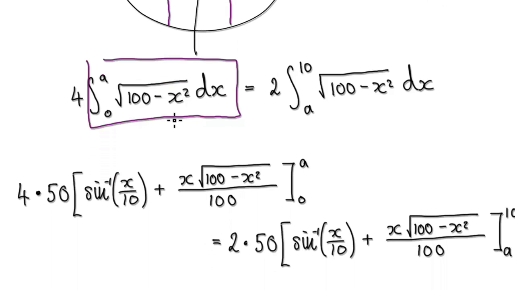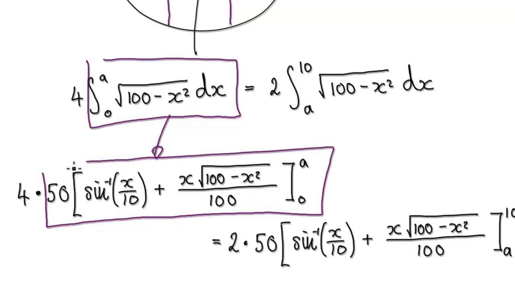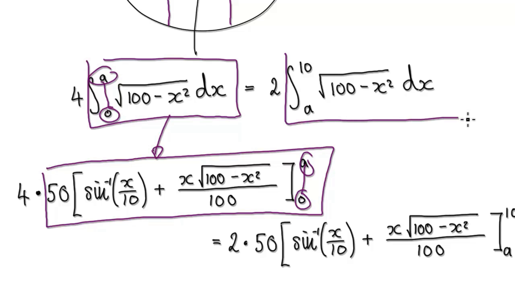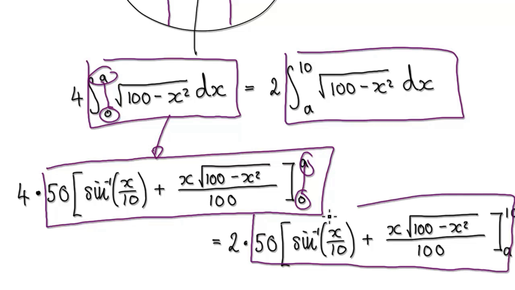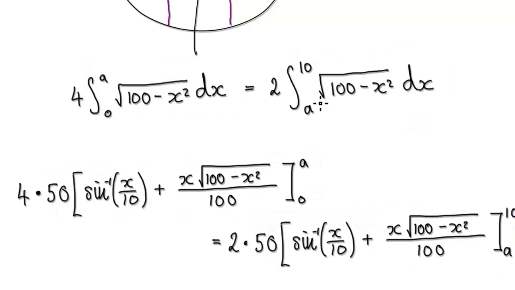So this thing here would then become this thing here, from 0 to A, from 0 to A. And then this thing here will become this, from A to 10, from A to 10.